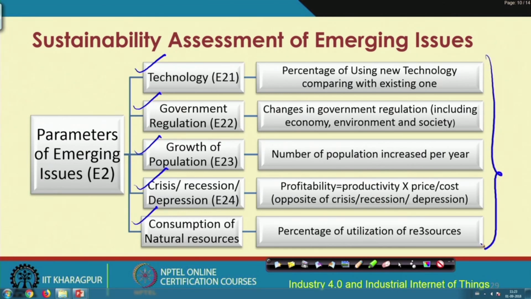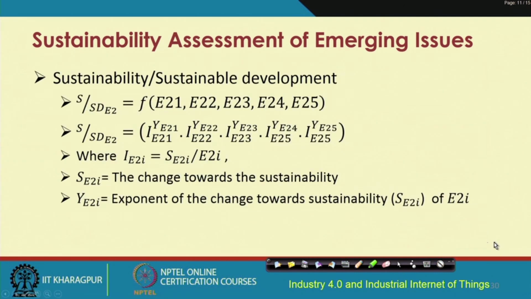We have also understood what these different issues are, and what is important for consideration of these different issues. Now we need to look at this particular S over SD formula.